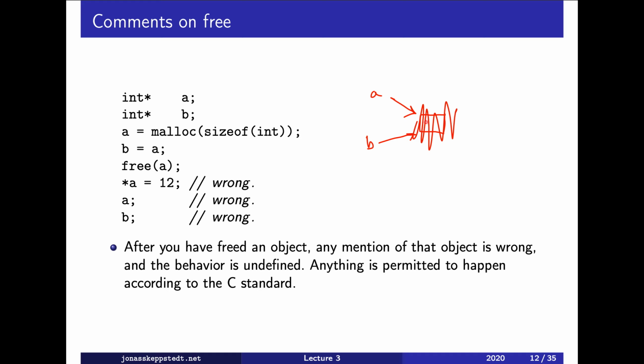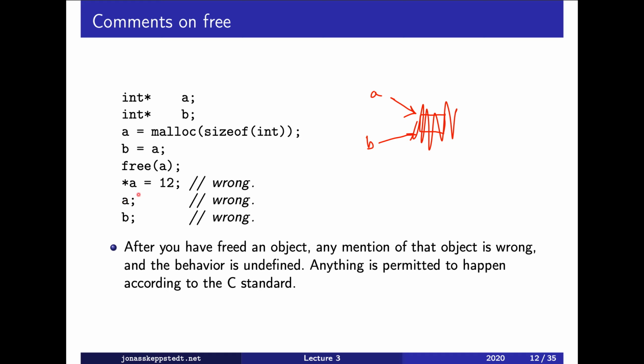Now we come to something which looks harmless but is not. Namely, just thinking about b is wrong. Well, not thinking, but just mentioning, or in strict C terms, evaluating an expression which reads the value of this variable is wrong.